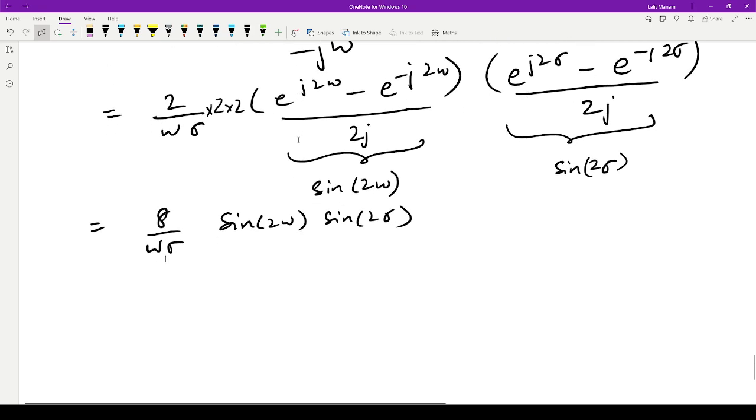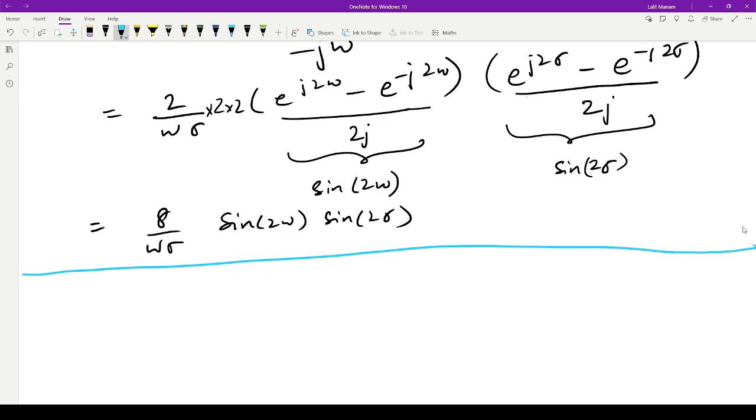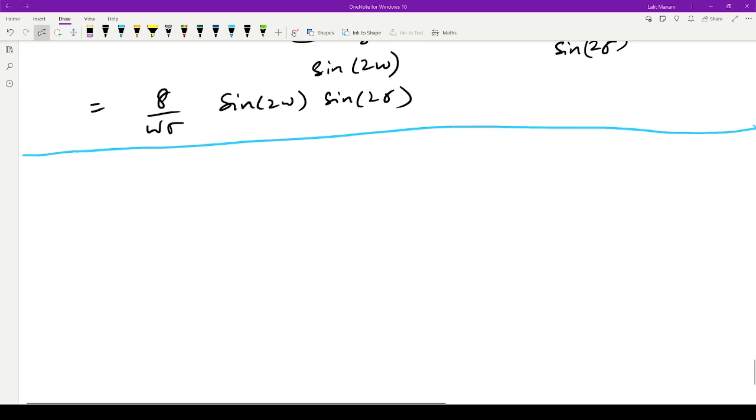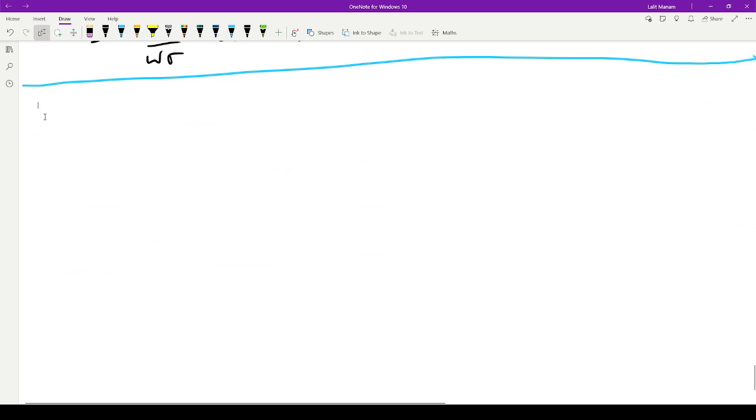Yes, any doubts? So this is Fourier transform question. And we'll move on to the next one. No doubts, right?